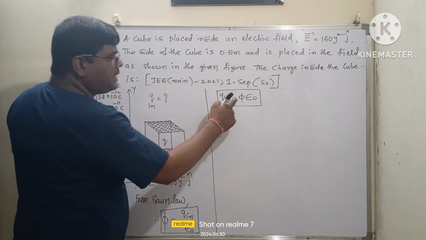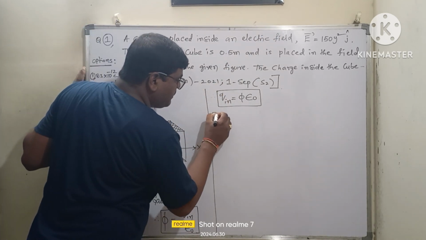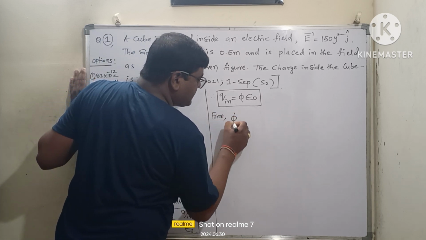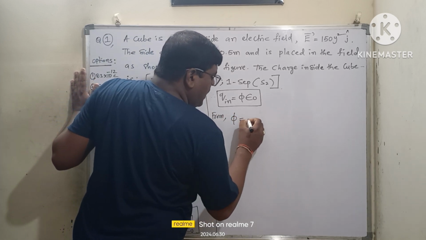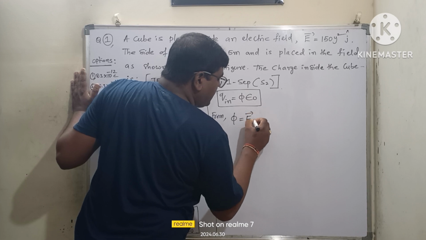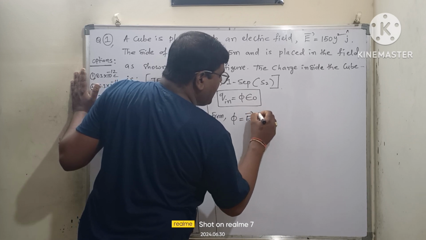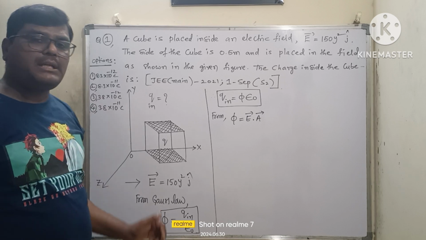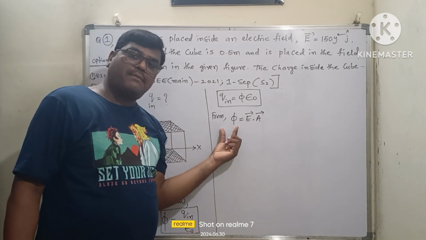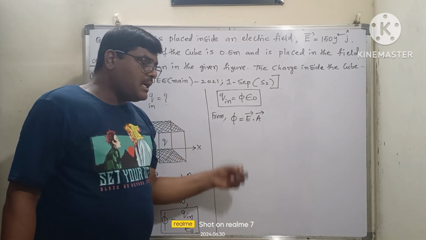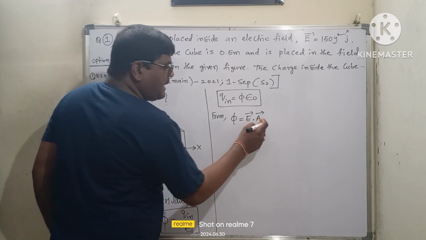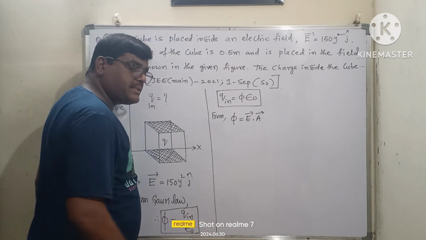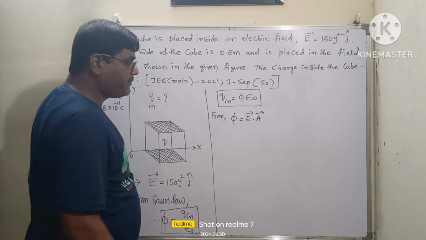Now how can we find the flux here? We know another formula for electric flux: it is equal to electric field E bar dot area vector A bar. This is the dot product between the electric field and the area vector, because electric flux is a scalar quantity.